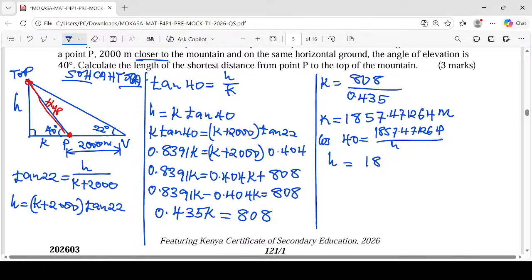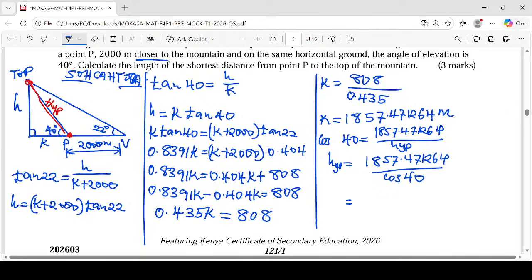I don't want really to call it h. Let me call it divided by the hypotenuse. So our hypotenuse will now be given by 1857.471264 divided by cos 40.